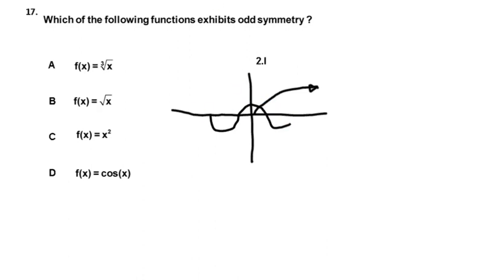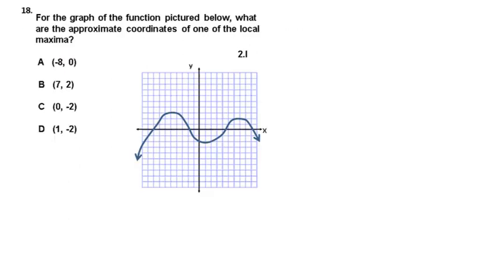Your quadratic parent function, that's choice C, will look like this, even symmetry. Now your cube root function here, A, looks something like this. I'm drawing in purple, odd symmetry. It kind of reflects rotationally 180 degrees. So A is our correct answer for 17.